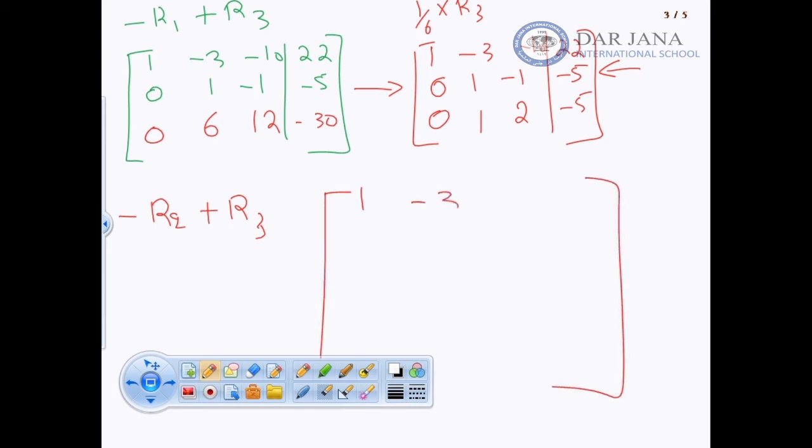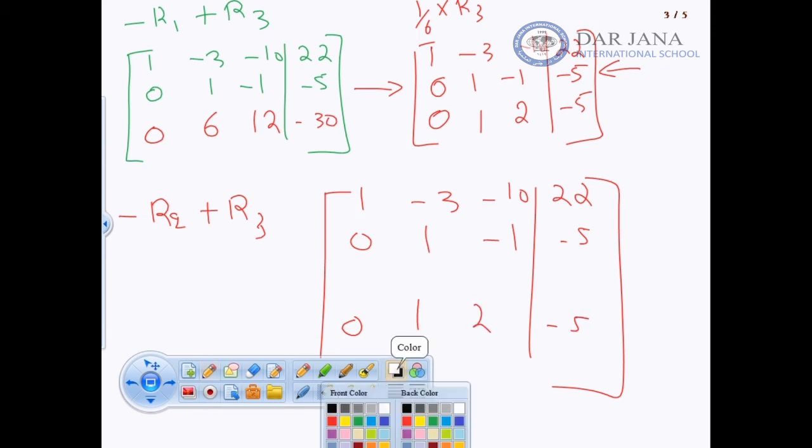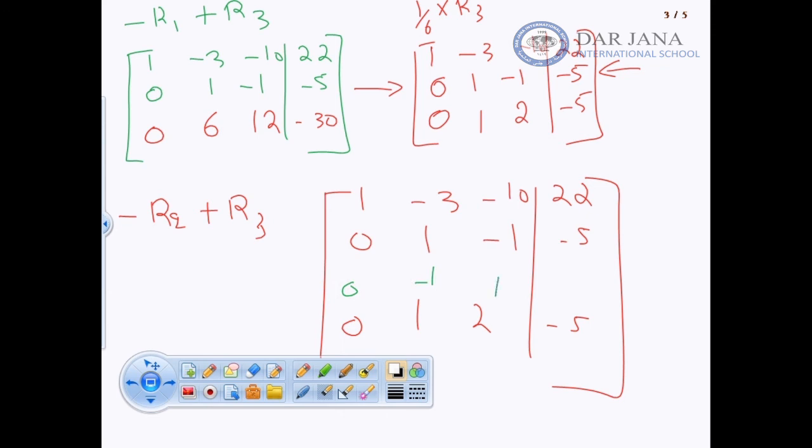1, negative 3, negative 10, and 22. 0, 1, negative 1, and negative 5. And as I did before, I'm going to write it exactly as it is, and I'm going to write the result of multiplying R2 by negative 1. This becomes 0. R2 times negative 1 is negative 1. Here 1, and here 5.